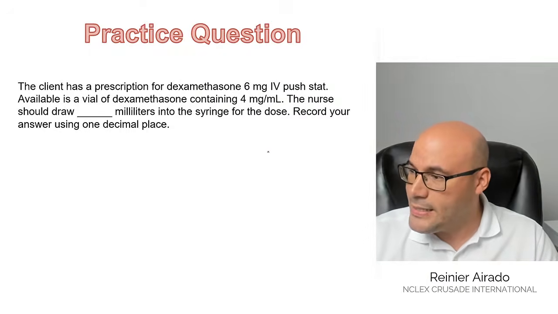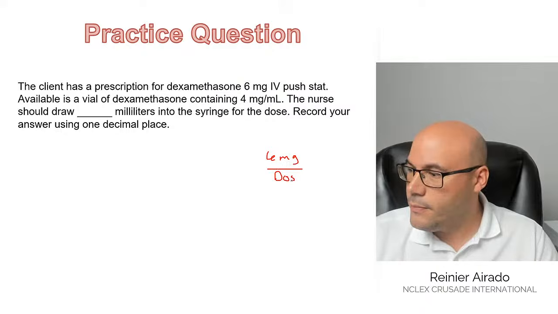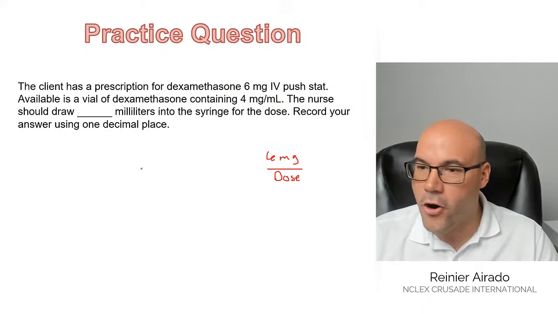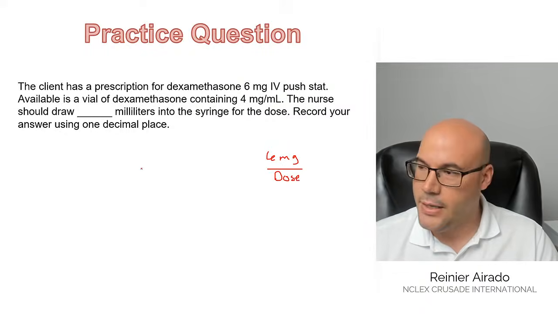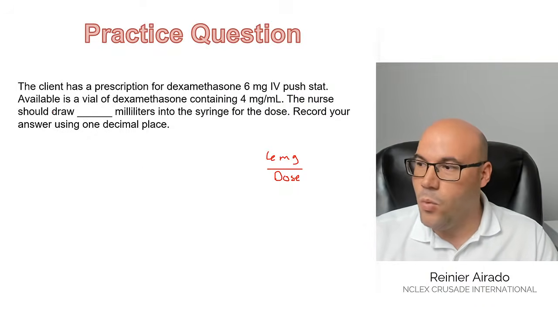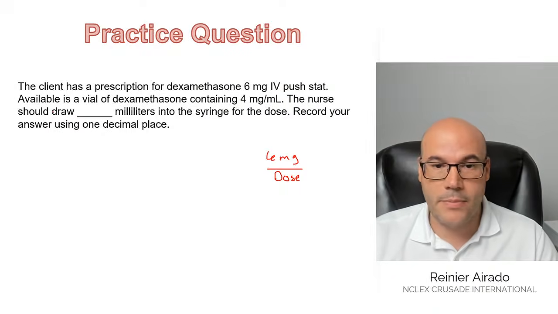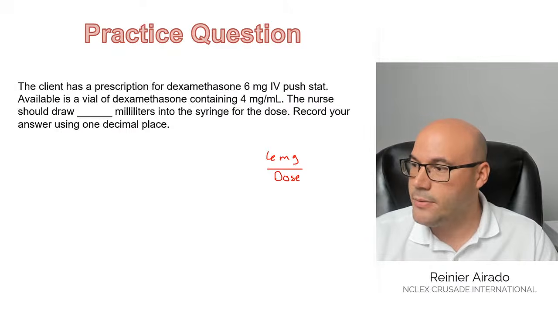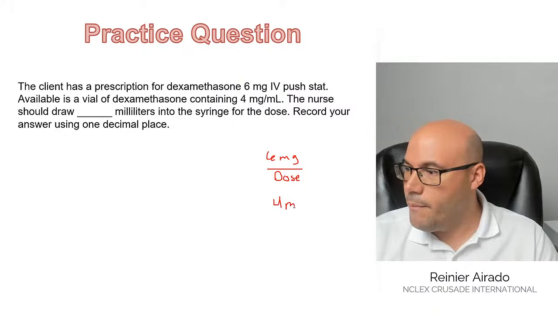We're going to put 6 milligrams per dose. So that is our first fraction. The second fraction that we will be using is what we have available. What we have available is 4 milligrams per milliliter. So that is our other fraction, 4 milligrams per milliliter.